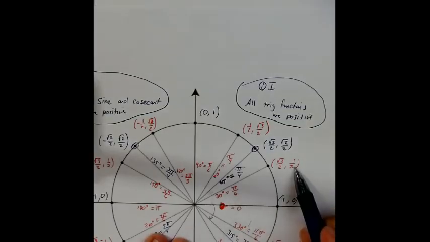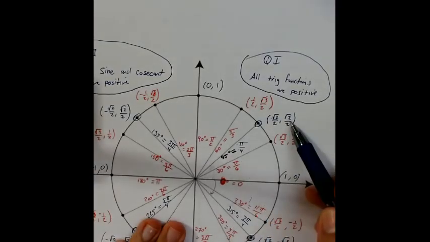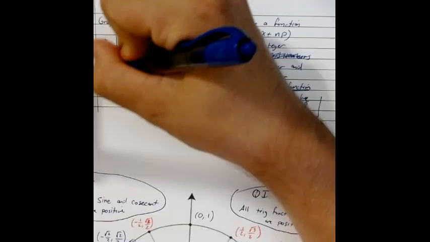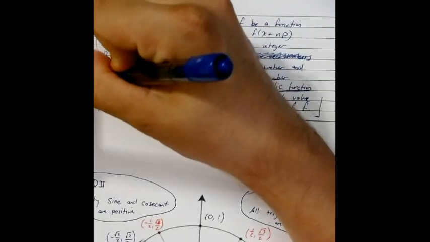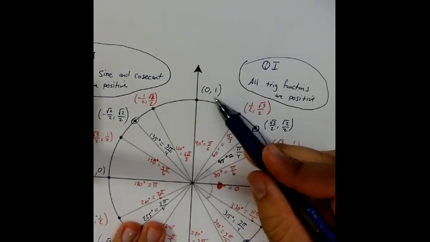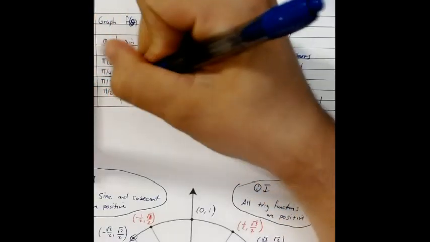So 0, 0. Pi over 6, well, if I take the sine of pi over 6, I get a half. Okay, so pi over 6, 1/2. And then pi over 4, it's going to give me root 2 over 2. And then pi over 3 is going to give me root 3 over 2. And then if the angle is pi over 2, the sine of that's going to be 1. Okay.